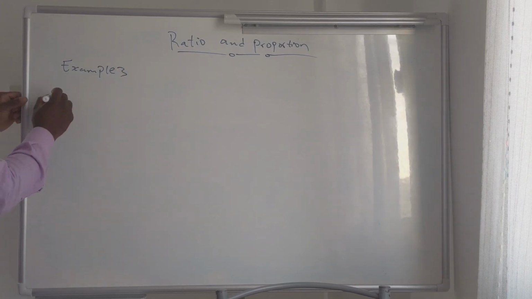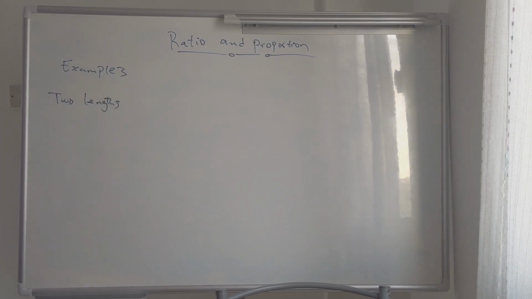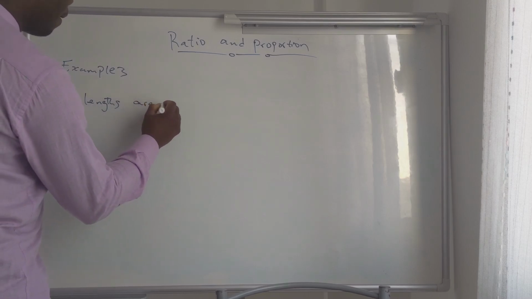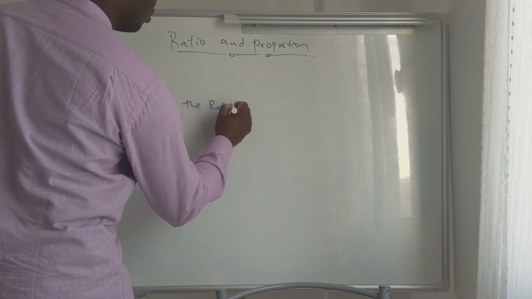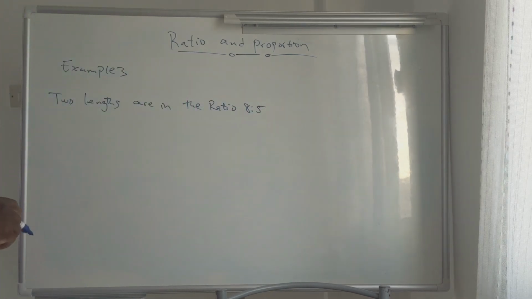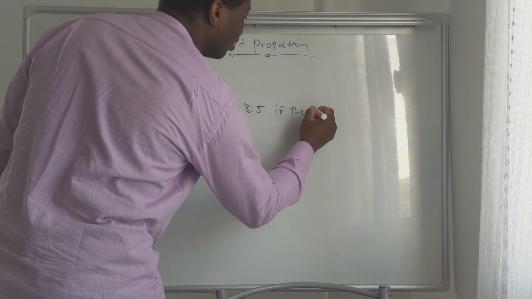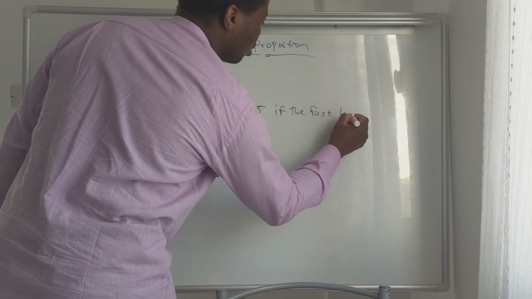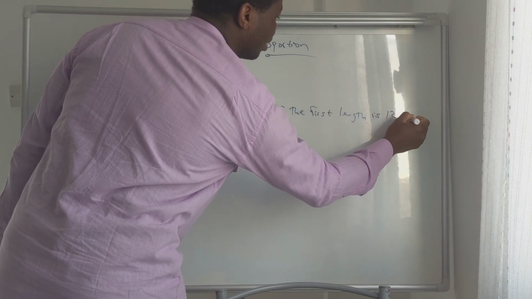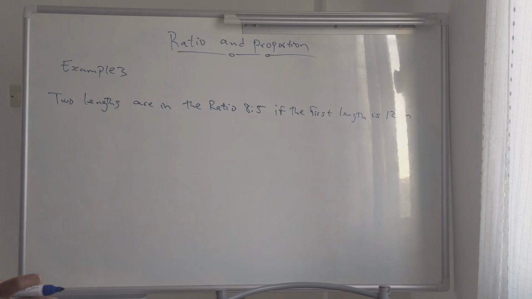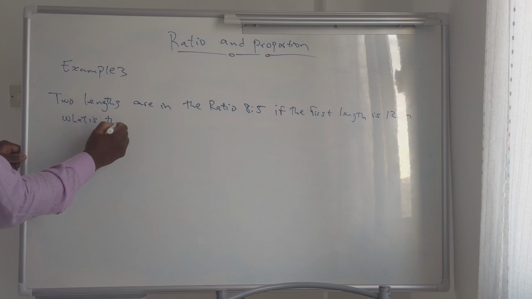Now they said two lengths are in the ratio 8:5. If the first length is 120 meters, what is the second?